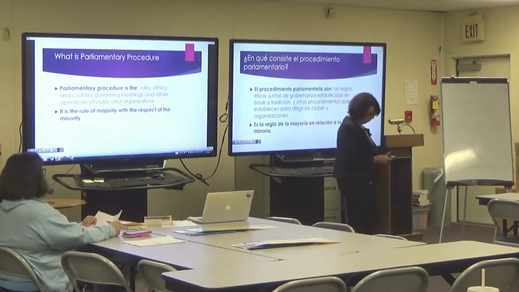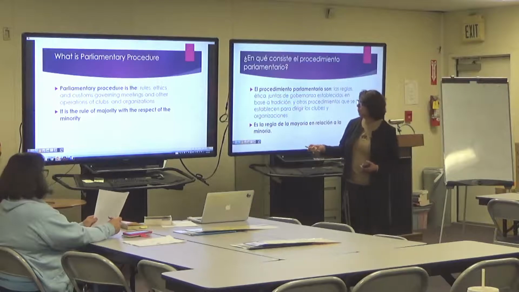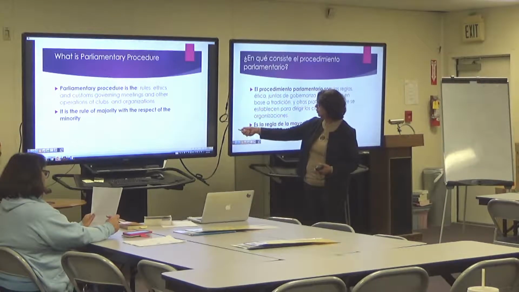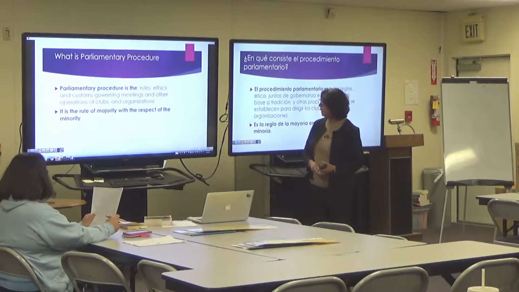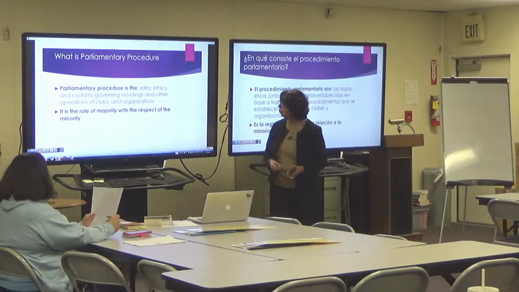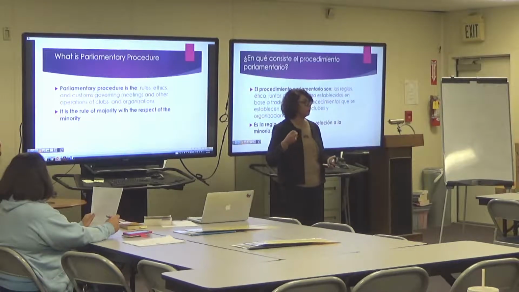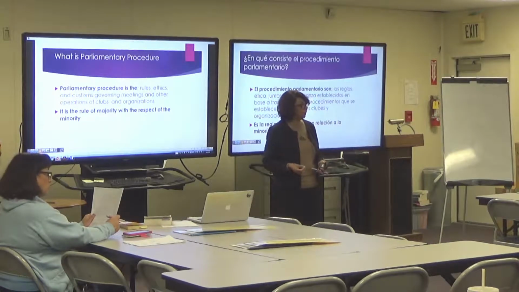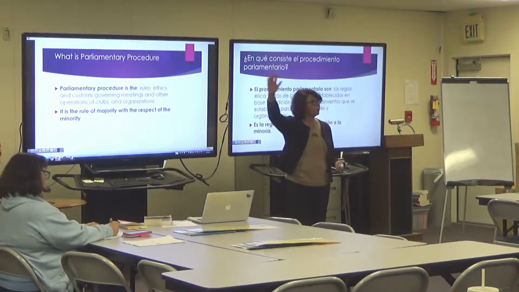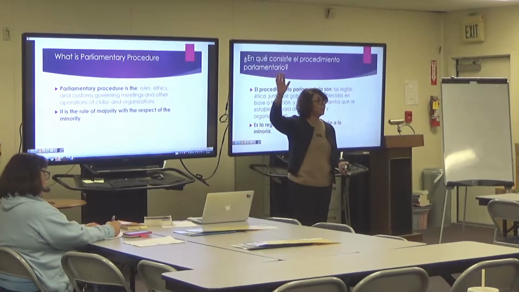So what is parliamentary procedure? Parliamentary procedure is the rules and ethics and customs governing meetings and the operation of clubs and organizations. It is the rule of the majority with respect to the minority. What does that mean? That means that when you vote, the majority wins.